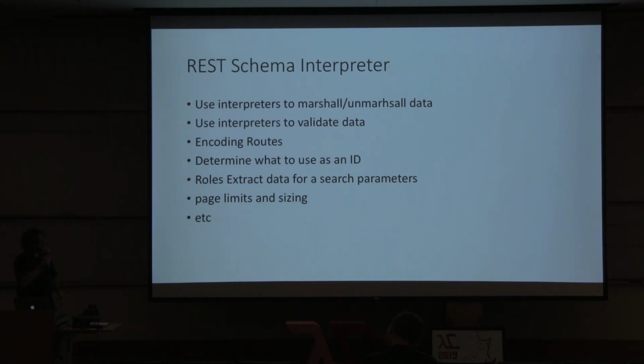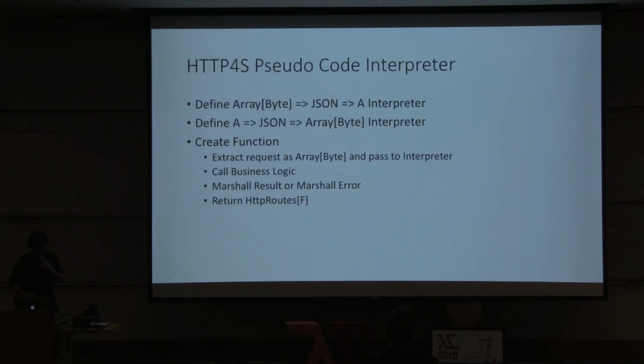They determine what to use as an ID. So we just produced data that didn't have an identifier in it, and there's really no reason to in the context of a REST API until you are, I don't know how to explain that now. That's all right. The interpreter should also provide roles for security and page limits, etc.